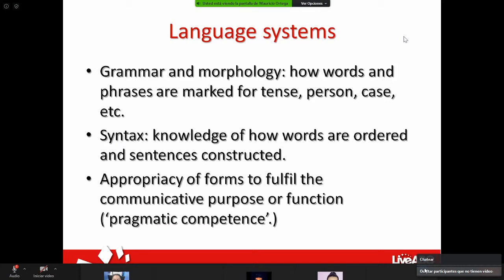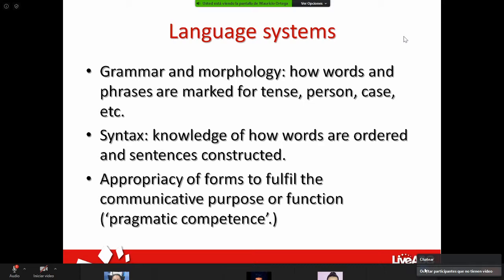Probably you remember that last session I gave you an example in Spanish about how you change the order of the different clauses in a sentence and it still makes sense. But in English, we cannot do that. In English, we basically have one form and we have to follow that. Of course, we have certain exceptions, but this is not the case.